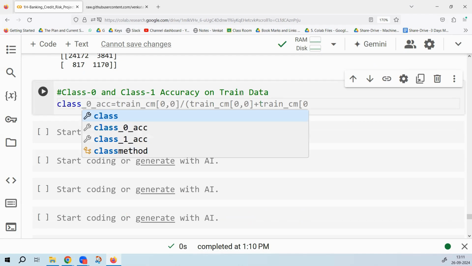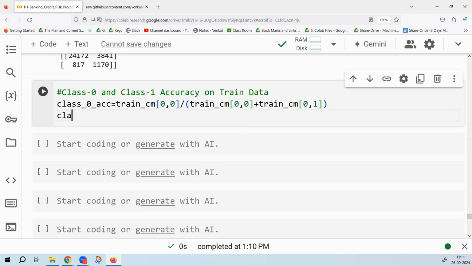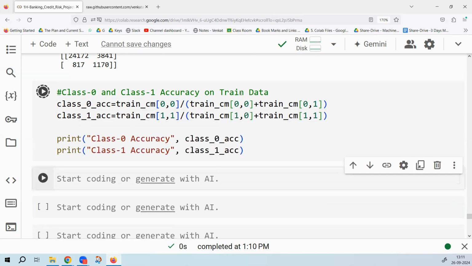Class 0 accuracy, class 1 accuracy is equal to trained data underscore confusion matrix 1 1, class 0 accuracy, class 1 accuracy.